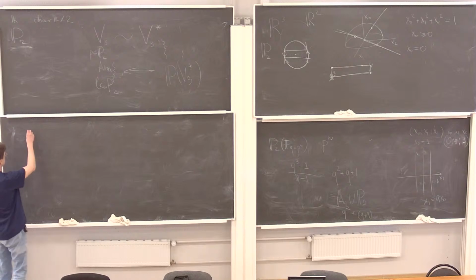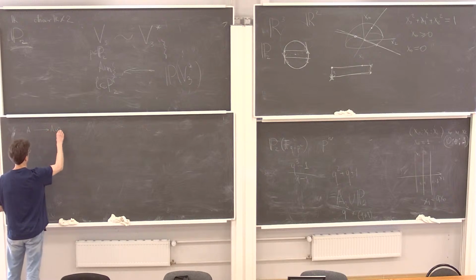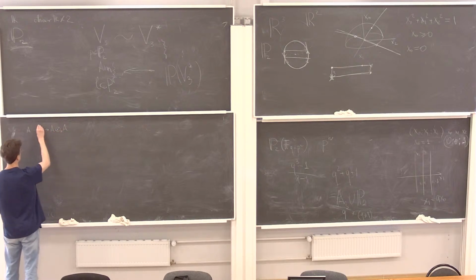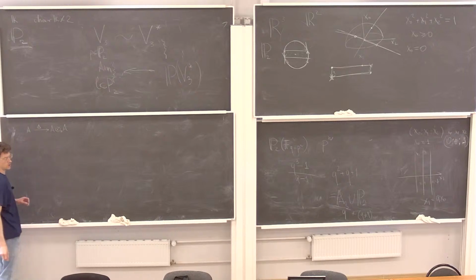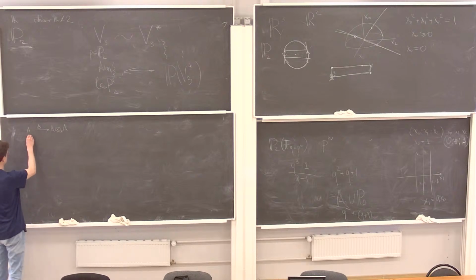Let's recall that a unital C-star bialgebra is a unital C-star algebra A together with a comultiplication delta, which is defined to be a unital star homomorphism from A to the minimal tensor product of A by itself, such that delta is co-associative in the sense that the following diagram commutes.